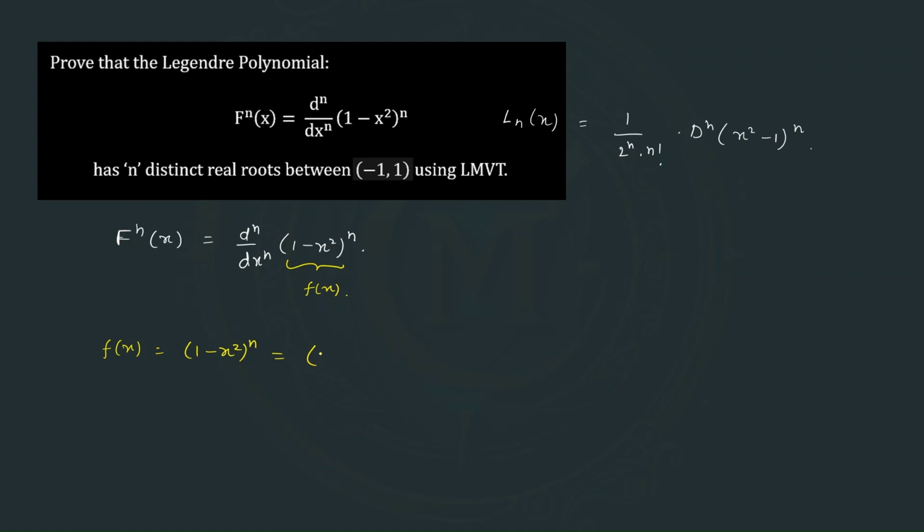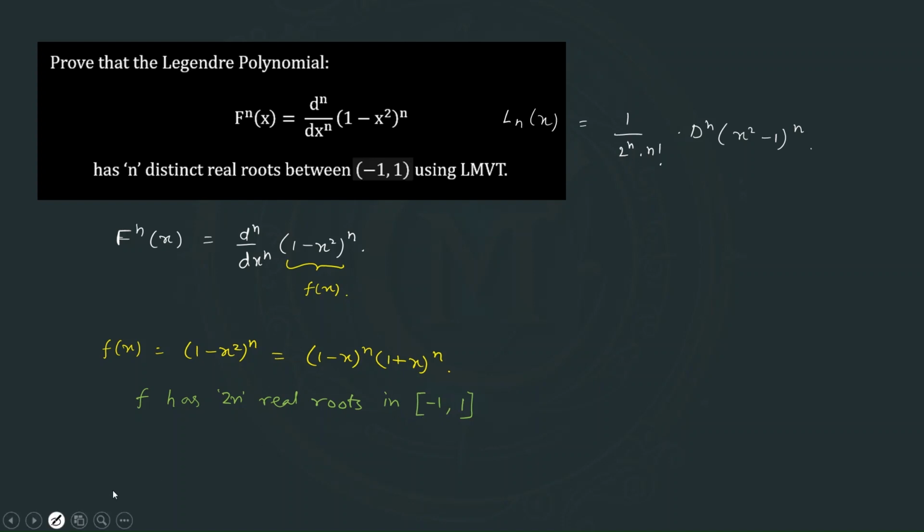We can write this as (1 minus x) whole to the power n, (1 plus x) whole to the power n. So we can say that this function f has 2n real roots in the closed interval -1 and 1. So these 2n real roots are basically n number of -1 and n number of +1.